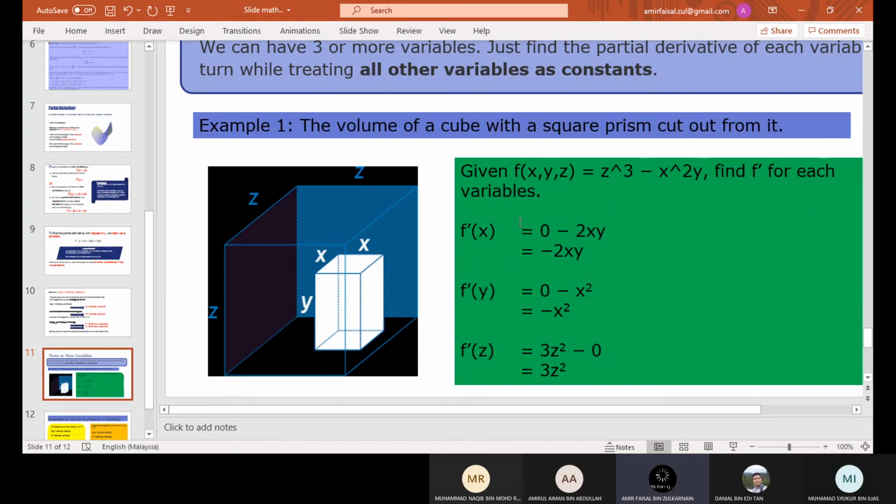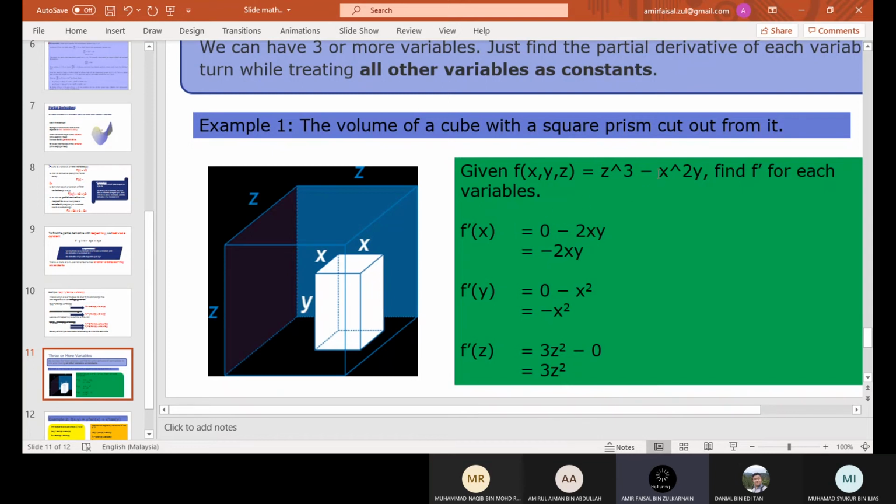Okay, to find f prime x, or the derivative with respect to x, we treat the other variables as constants, such as z to the power of 3. When we derive it, it becomes 0 because we still consider it as a constant, and the derivative of a constant is 0.